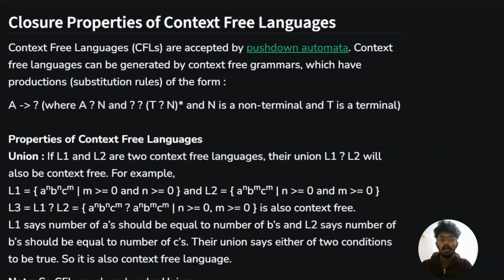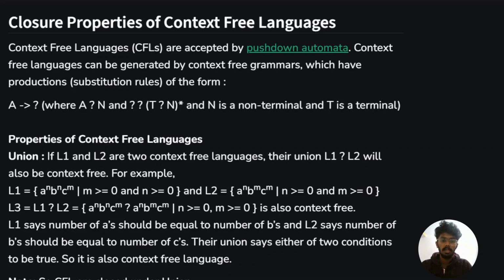For example, L1 = a^n b^n c^m, where m is greater than or equal to 0 and n is greater than or equal to 1, and L2 = a^n b^m c^m, where n is greater than or equal to 0 and m is greater than or equal to 0. L3 = L1 ∪ L2 = a^n b^n c^m ∪ a^n b^m c^m, where n and m are greater than or equal to 0, is also context-free.